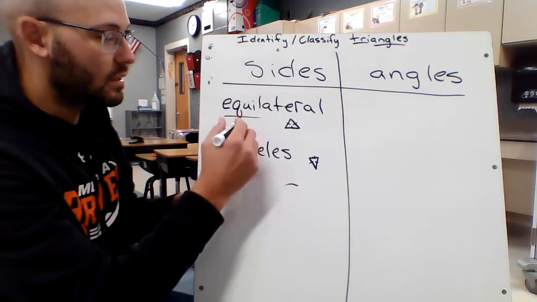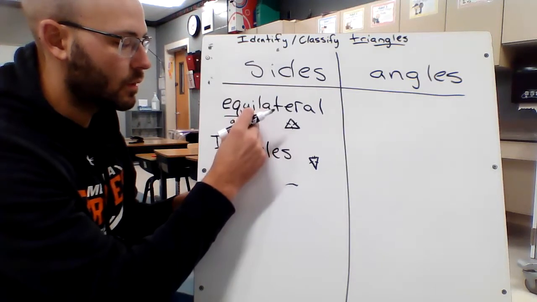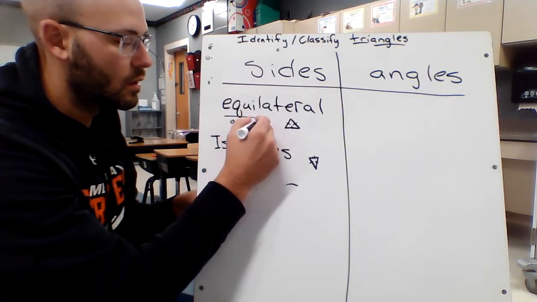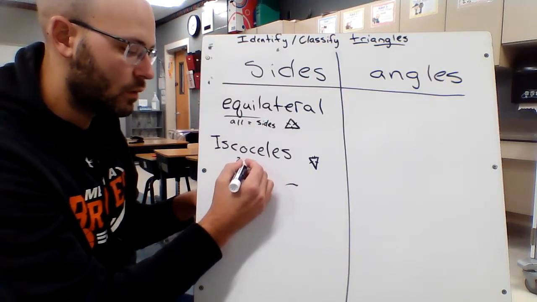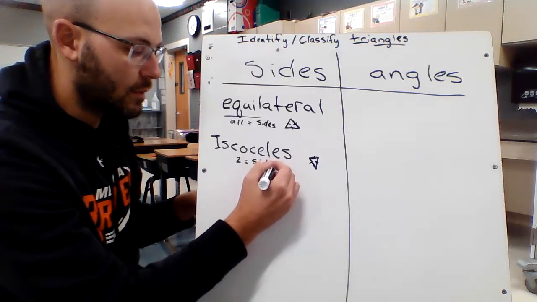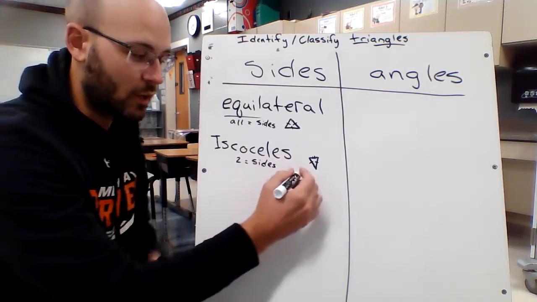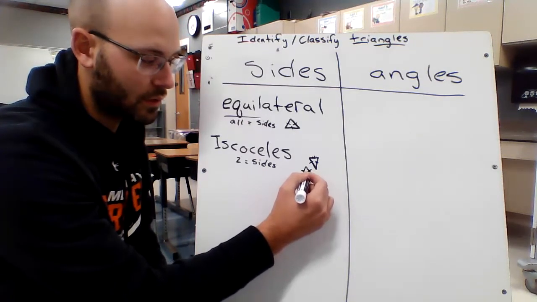So this is all equal sides. Whoops, I want to make sure that looks like an equal side. This is 2 equal sides. And it doesn't matter where they are. The triangle could be facing the other way too, and these sides are equal and this side is different.